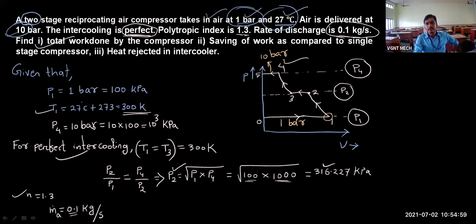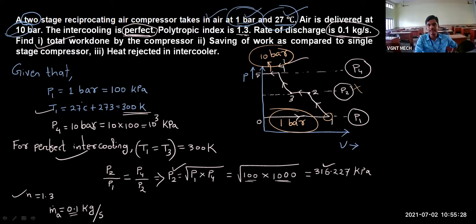So if it is a single stage compressor, and this intermediate stage is not there, directly the air will enter at 1 bar and leave at 10 bar. That is the requirement of a single stage compressor. So high pressure for a single stage compressor will be 10 bar and low pressure will be 1 bar, because this P2 we will not consider as we are not going to the intermediate stage.